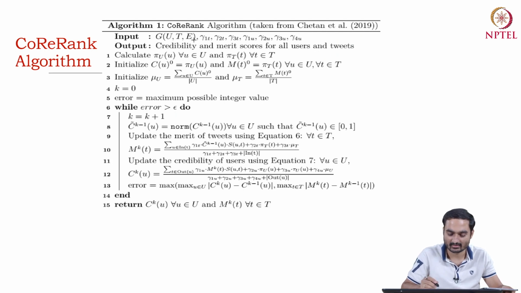So, CoReRank algorithm starts with an arbitrary initial value of this cold start value mu u and mu t, and you also initialize credibility and merit in some ways, and then you keep on updating the values of merit and credibility until you see that the change of the values of credibility and merit in two consecutive iterations is less than some threshold epsilon.